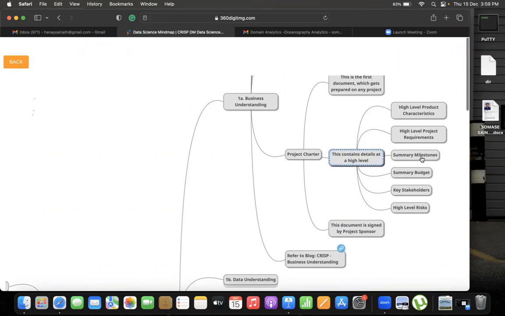Then we have high level project requirements, summary milestones, summary budget. What will the milestones be, what will the budget be, who are the stakeholders. Then we have high level risk, what will be the risks in the project. Then the documentation is signed by the project sponsors. So this was about the project charter.